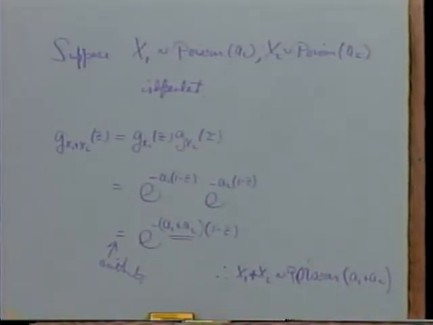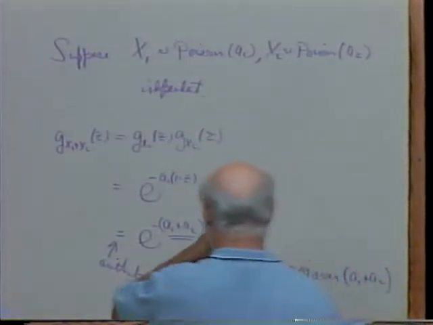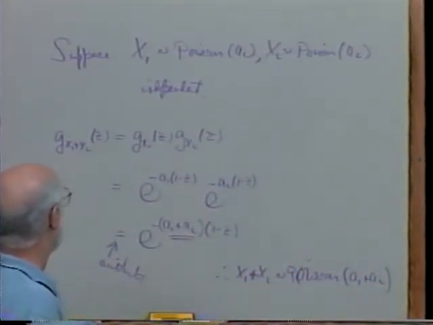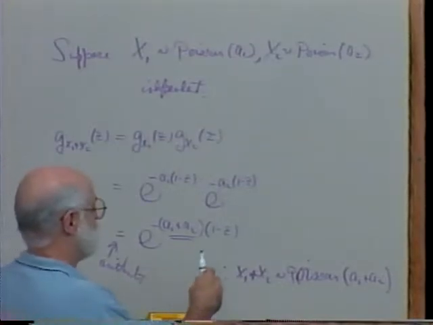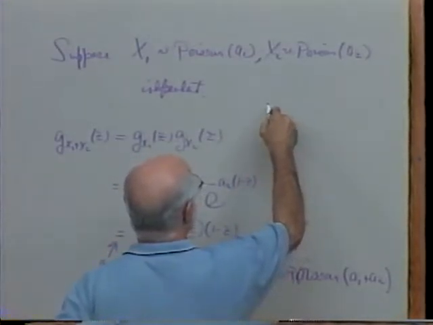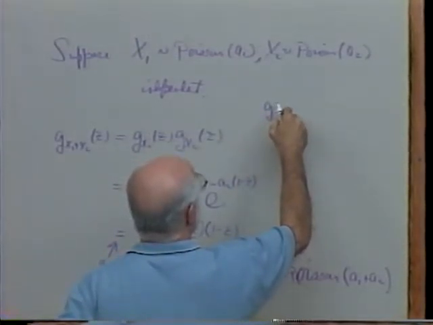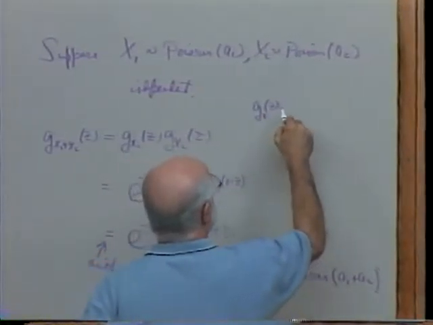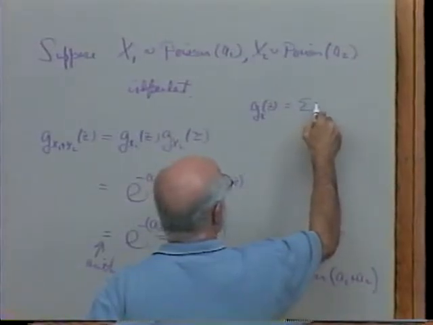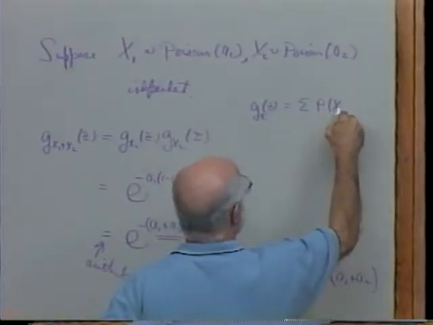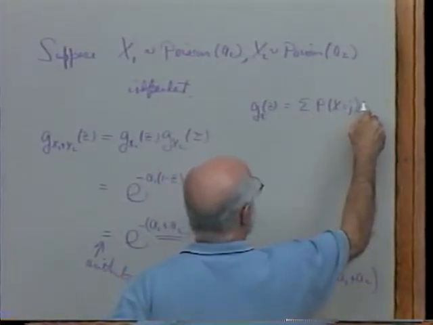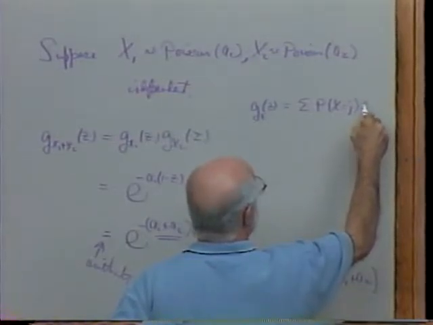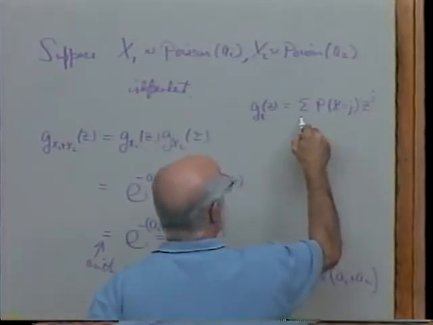Let me make an observation here. One other observation about generating functions. The generating function of a random variable x is the sum of the probability that x equals j times z to the j, summed over all j.